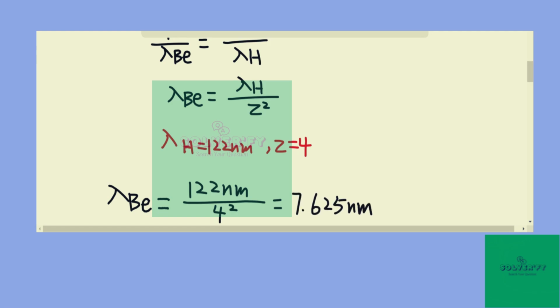If we round it to the second decimal place, we'll have 7.63 nanometers as the wavelength for the beryllium atom during the transition between n equal to 1 and n equal to 2.